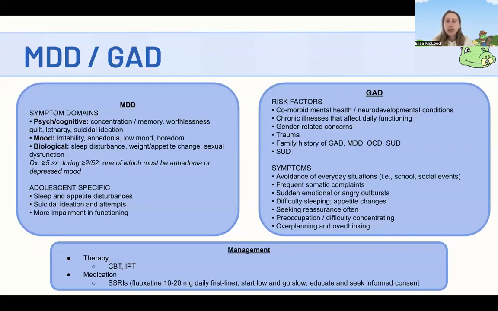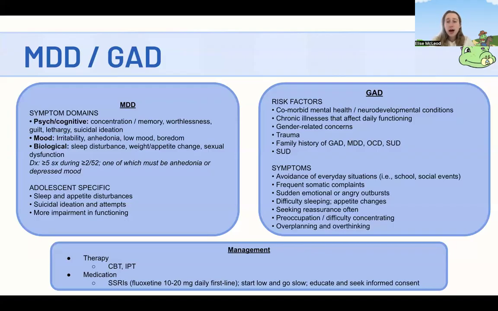Anxiety, so looking at risk factors, having a comorbid mental health condition, chronic illnesses like cystic fibrosis that affect daily functioning, if the young person has gender related concerns, if they've experienced significant trauma, if they've got a family history of any mental health condition, or they use substances.